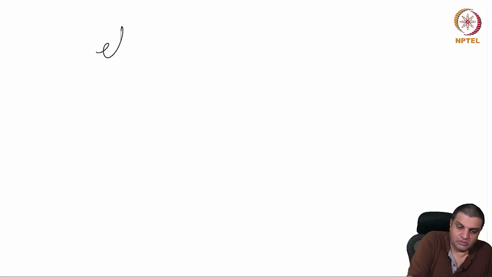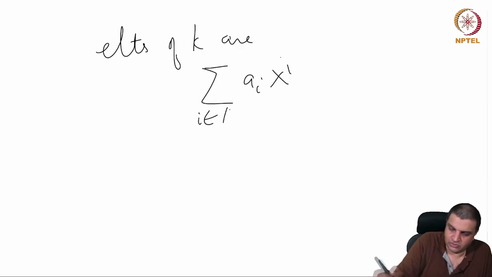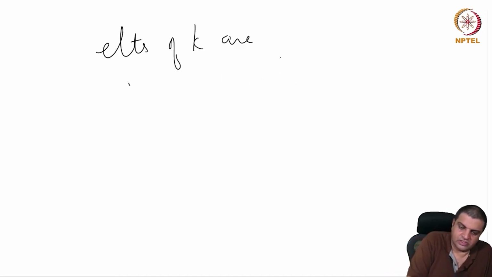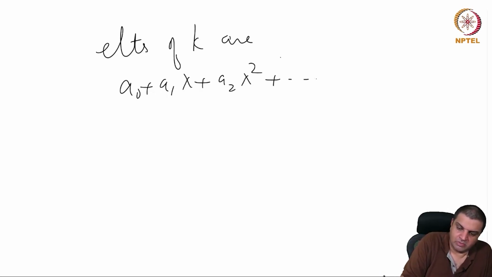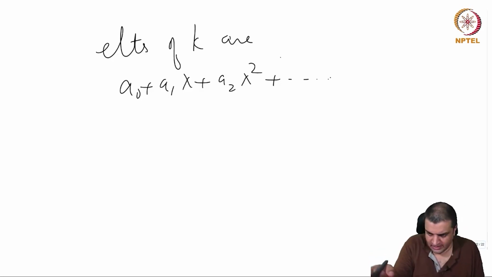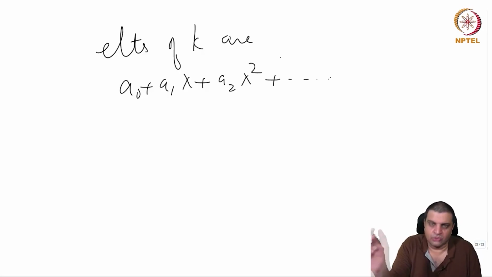Elements are of the form a0 plus a1 x plus a2 x squared and so on. Unlike a polynomial, which has to become 0 after finitely many stages, here there are no such conditions.